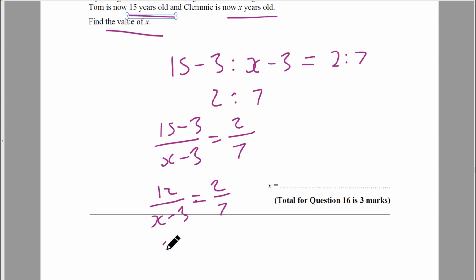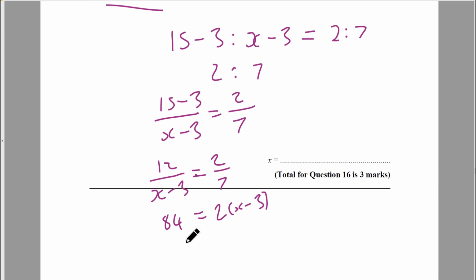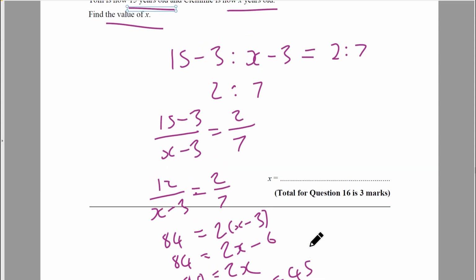That's 84 equals 2 times x minus 3, which is 2x minus 6, plus the 6. So you can get 90 equals 2x. So we know x equals 45 here.